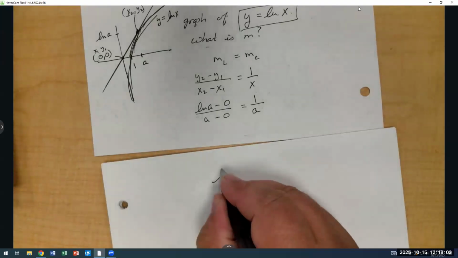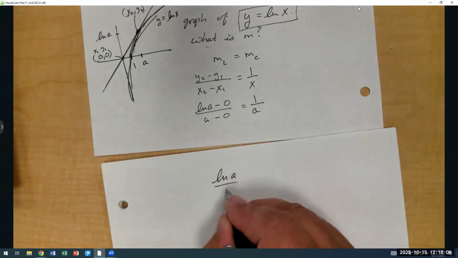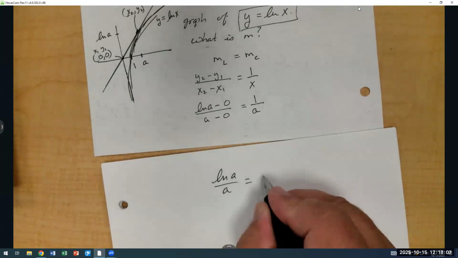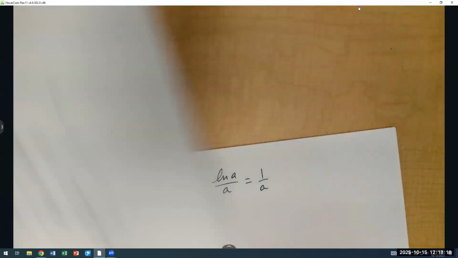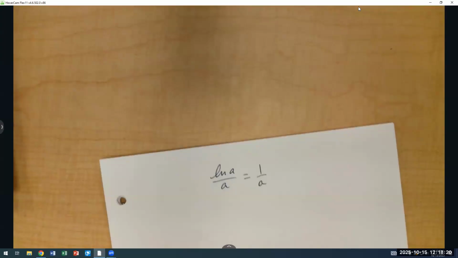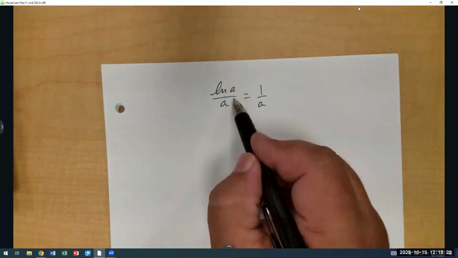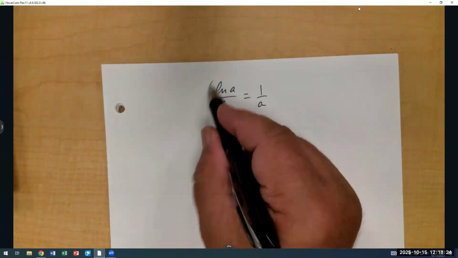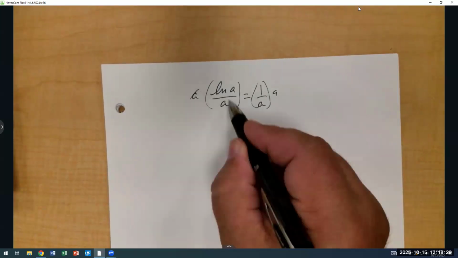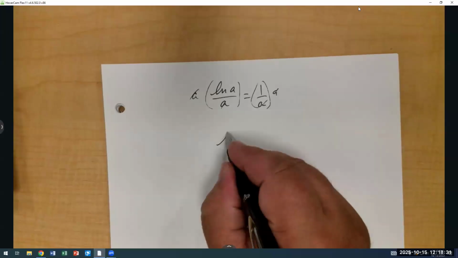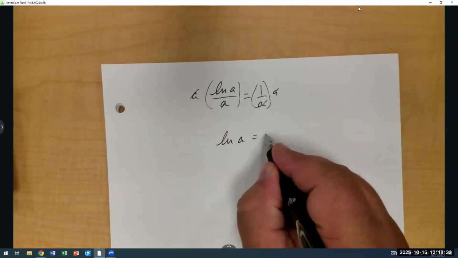This gives us ln a over a equals 1 over a. We're in the process of solving for a. Multiply both sides by a. So we have ln a equals 1.